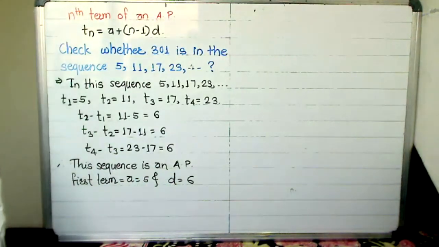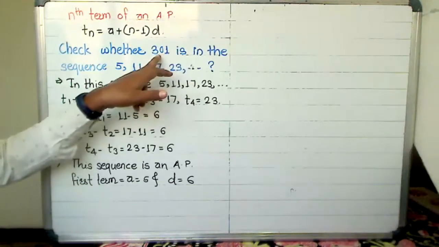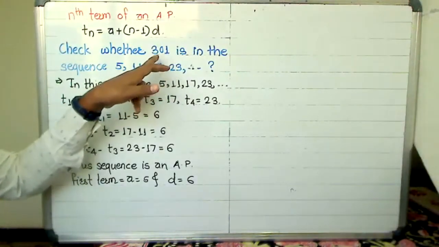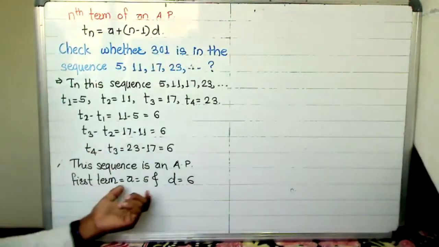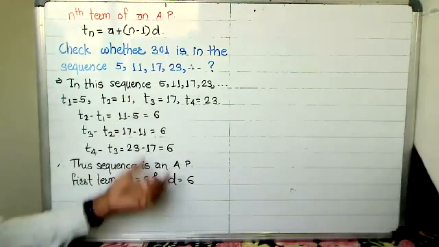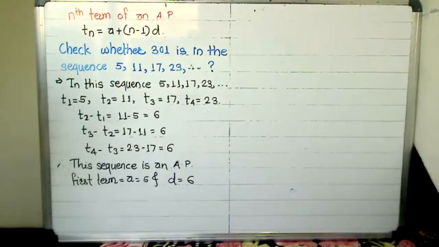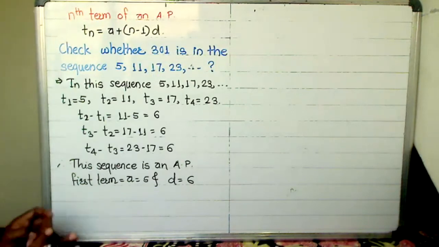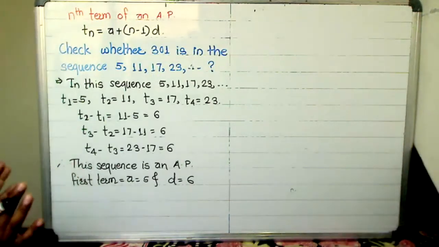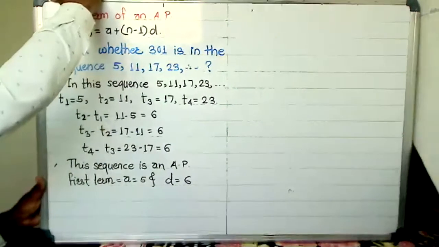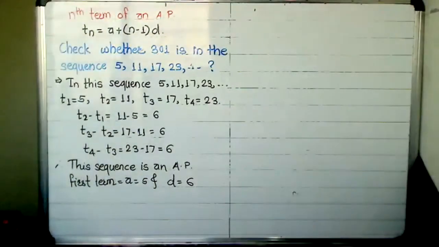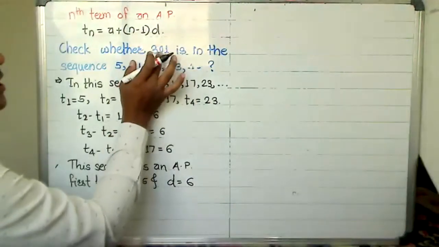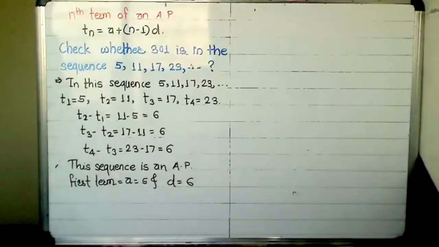Now we have proved that this sequence is an arithmetic progression. For the time being we will assume that 301 is present in the given sequence.